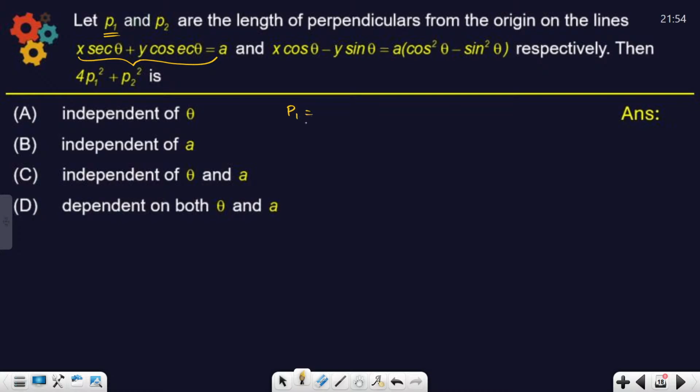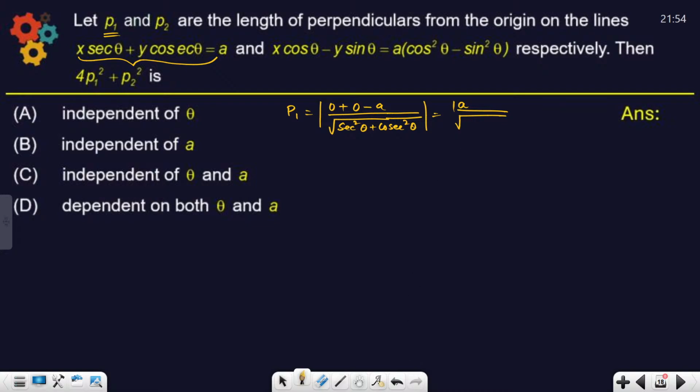What is my P1? From the origin, I am finding the perpendicular length, which is mod of A by root over sec square theta.